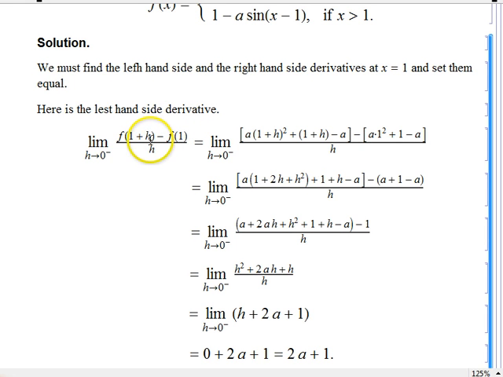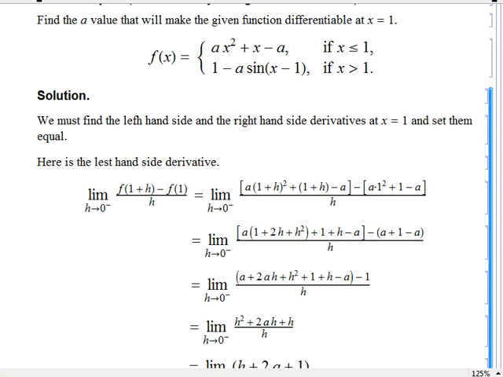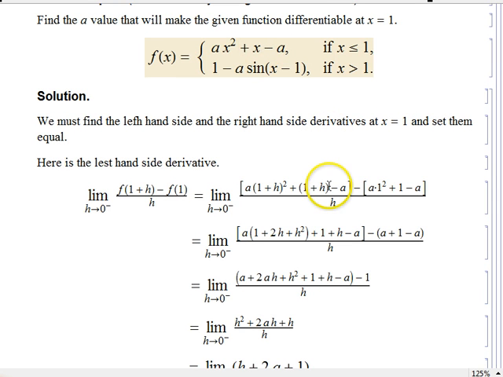We have to replace x by 1 plus h in that definition. For the left-hand side derivative, x is a little bit less than 1, so we have to use the first line. We did that right over here. Then we have to plug in x equals 1, again the first line, to get the function value. Equality is over here, so we have to use this one.